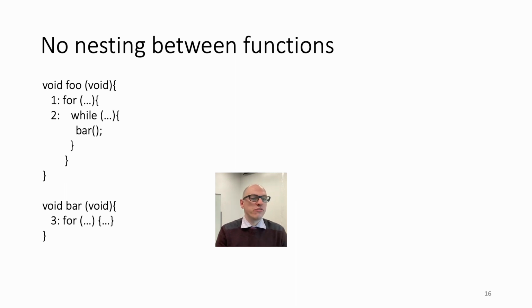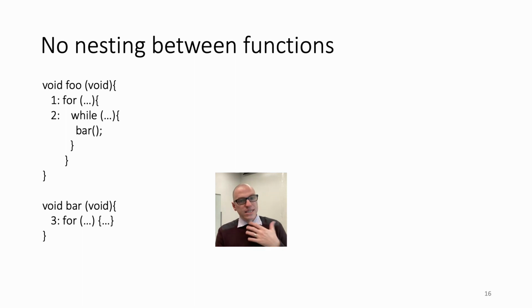So in other words, if we have here two functions, foo and bar, we have three loops. The first two, 1 and 2, are nested in each other inside foo, and loop 3 is inside bar. You can see that in the innermost loop 2 of foo, we invoke bar, which has a loop.